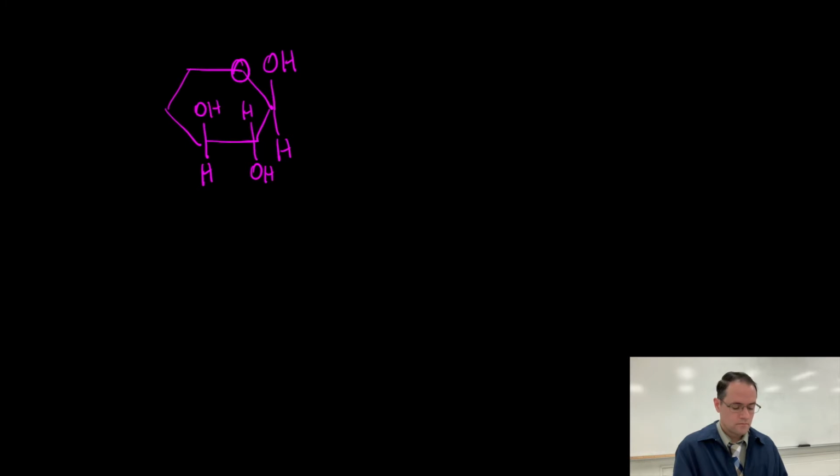So if we take our glucose molecule and we cyclize, we can generate this isomer.